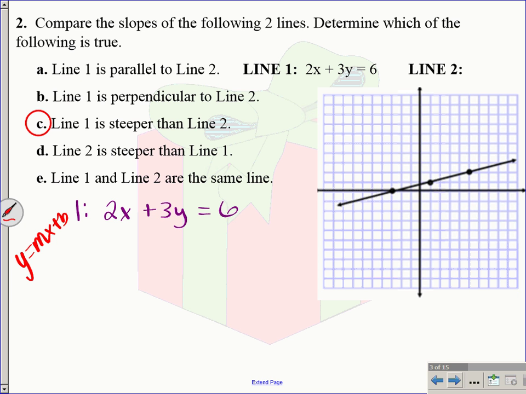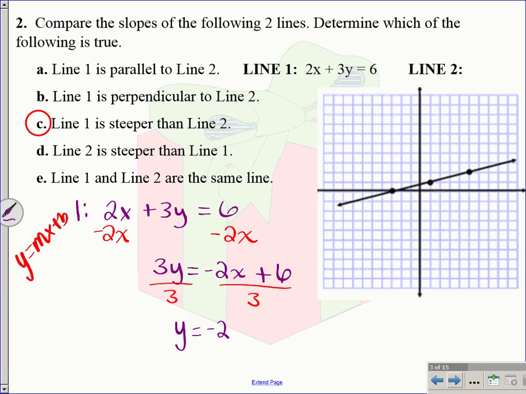So we need to get the y by itself, and we're going to start doing that by subtracting the 2x, and that gives us 3y equals negative 2x plus 6, and then divide everything by 3. So we get y equals negative 2/3 x plus 2. Well, the slope in that equation is the negative 2/3.